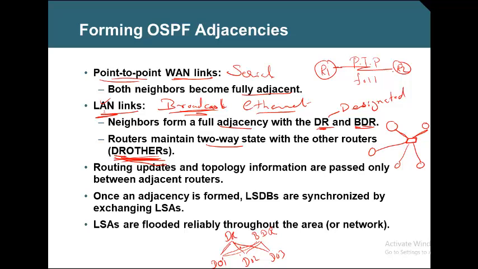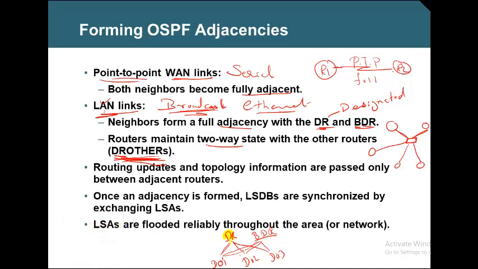I told you every children will have full adjacency with both parents. So now, whatever DR knows, BDR also knows, but only DR is an active responder. BDR will not respond.